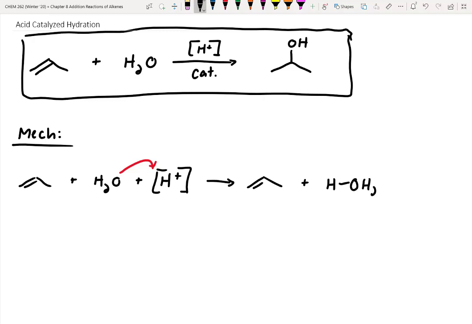All right, so at this point, we've got our hydronium ion. And if we think about the dipole here, the oxygen's not happy with the positive charge, so it's going to pull electron density away from one of its hydrogens, right? So like we saw before, these pi bonds can act as a nucleophile because it's electron rich.